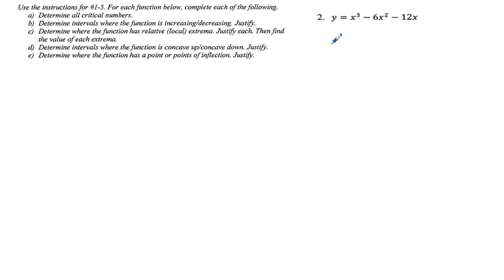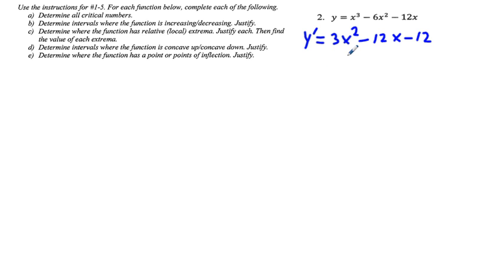Well, critical numbers, we find where the function's first derivative is undefined or equal to 0. So we're going to find the first derivative by saying y prime is equal to 3x squared minus 12x minus 12.